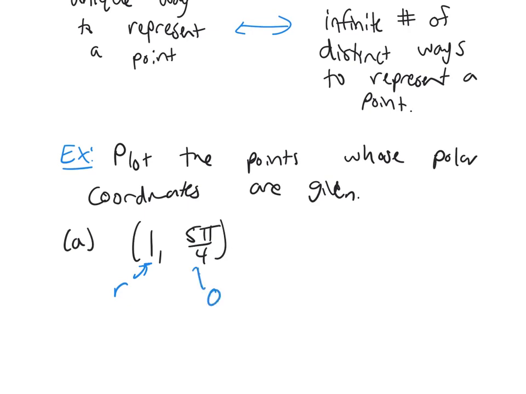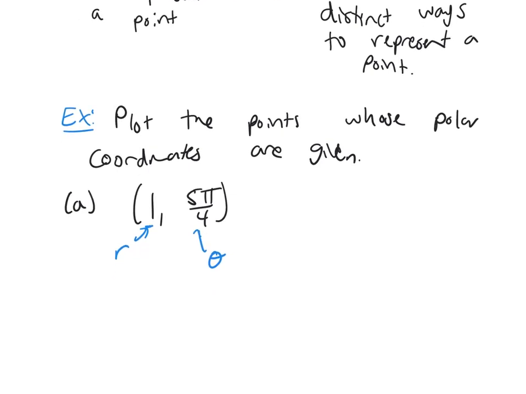Second entry is your theta. And when you plot points, you always start with this theta. So the first thing you're going to do is go to that angle. So I'm going to go over here to 5 pi over 4. That lands me right there. And then you're going to go out a distance of 1 from the origin to get your point. So my point would be maybe right there.